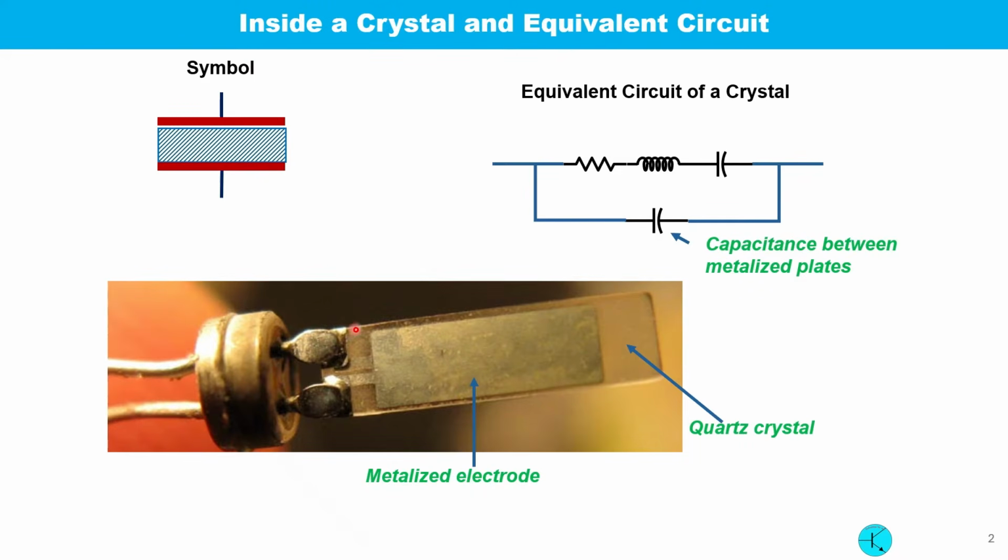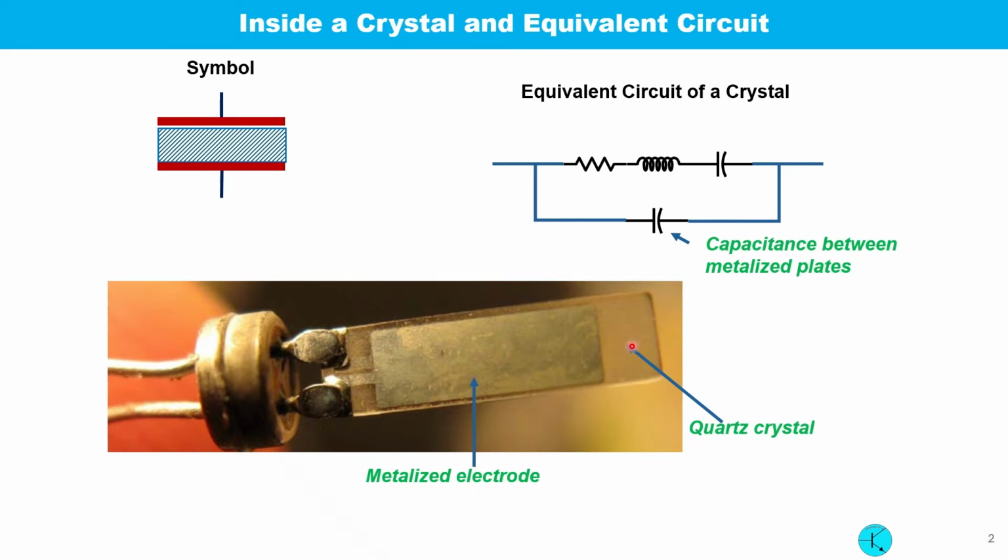A quartz crystal consists of a thin slice of quartz material and two electrodes which are placed or deposited on both sides. Quartz is a piezoelectric material, which means any electrical signal applied across the electrode will create a vibration in the crystal.